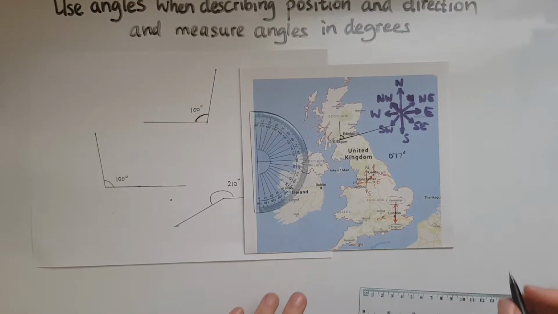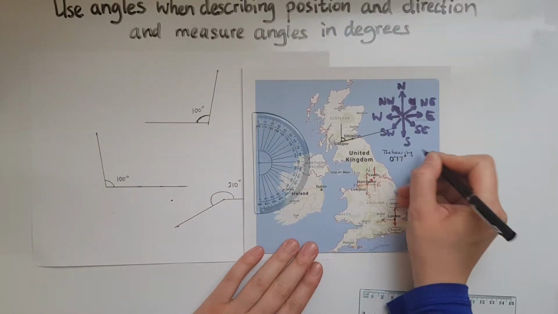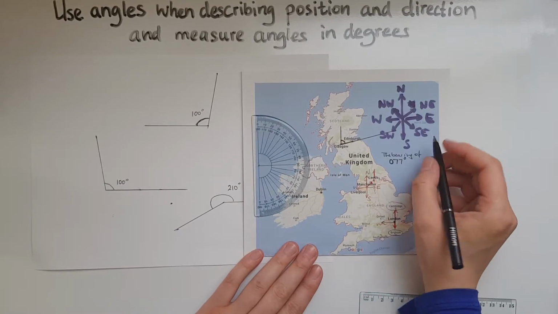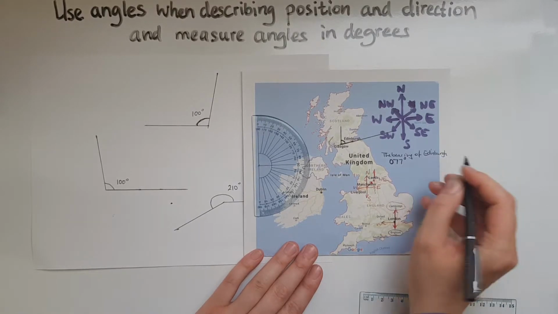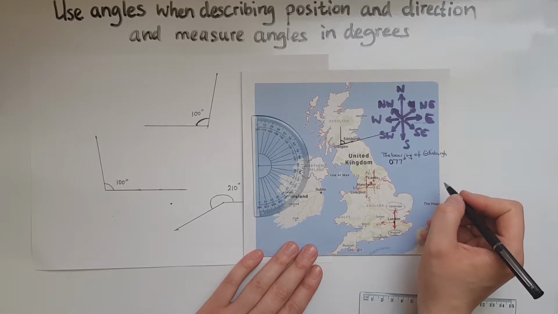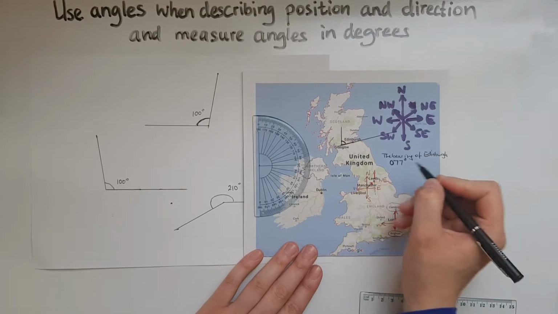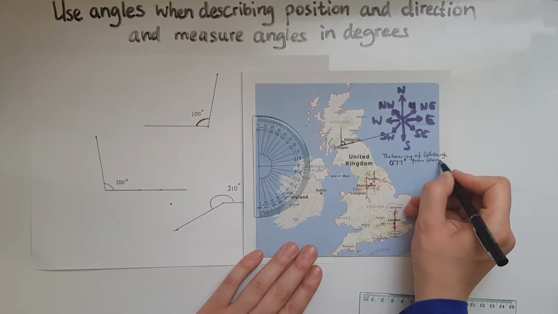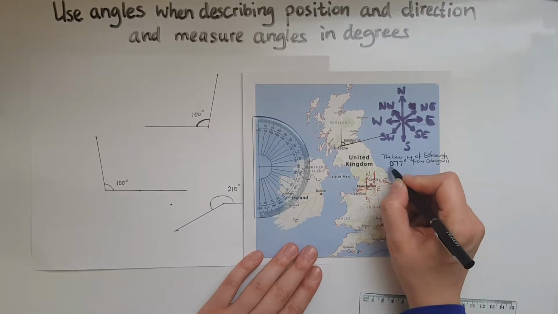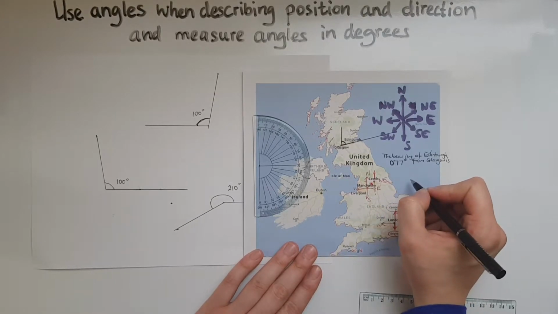So the bearing of Edinburgh from Glasgow is 077, which is 77 degrees.